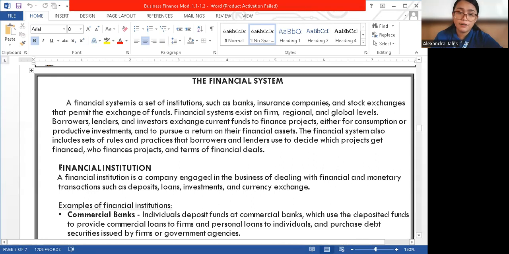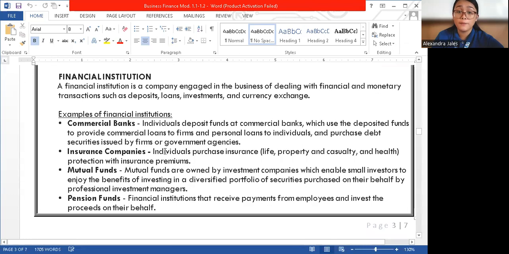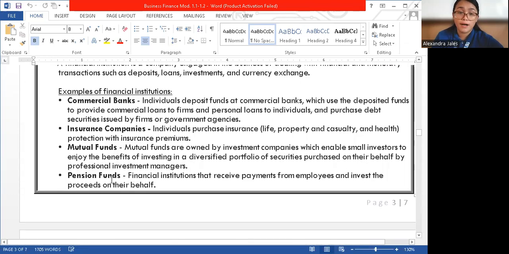So we have now the financial institution. What is a financial institution? Examples of financial institutions are commercial banks, insurance companies, mutual funds, and pension funds.